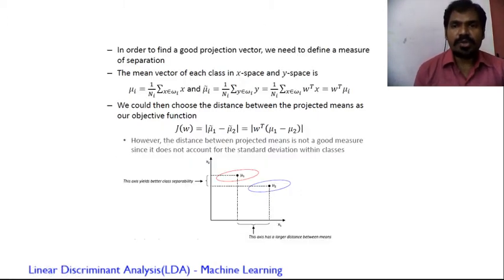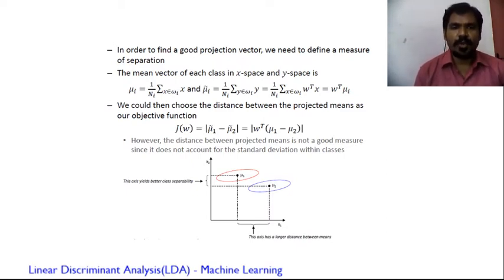So here it shows the mean vector of each class in x space and y space, how it is given: mu i is equal to 1 by ni, summation of x belonging to wi of x, and similarly the mean of the subclasses can also be computed, and similarly for y space.